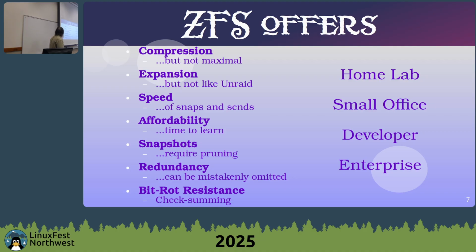ZFS offers compression. You probably don't want maximal compression because that would dominate your CPU. The place where it is renowned for its speed is that it's nearly instant snapshotting, and it's very efficient file system sending logic.